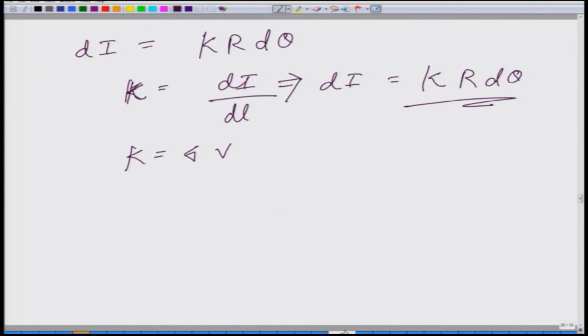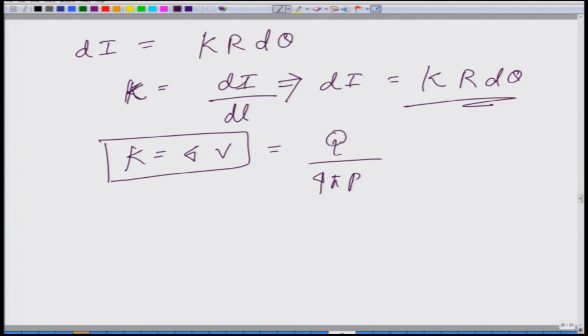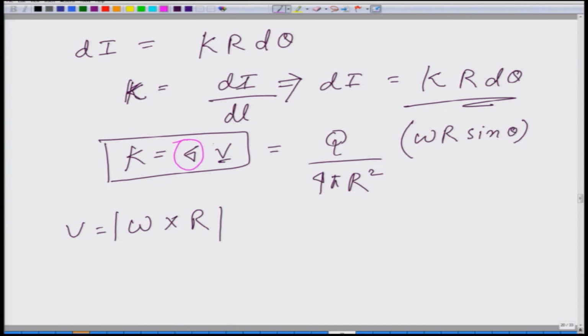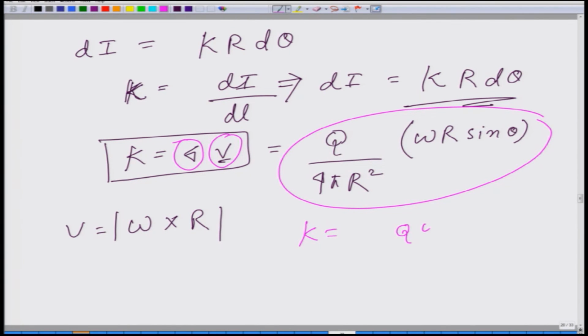So, I can immediately write k equal to sigma v. So, q by 4 pi r square, and v is omega cross r. So, I write omega r sin theta in place of v. So, I know sigma, I know v, I write k as this. So, k comes out to be q omega sin theta divided by 4 pi r.